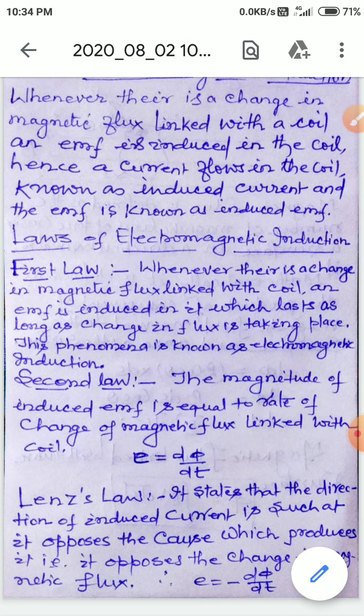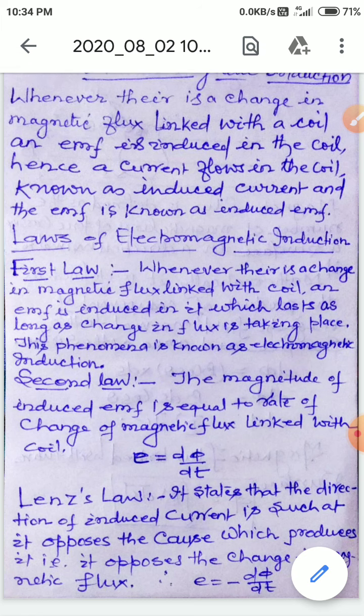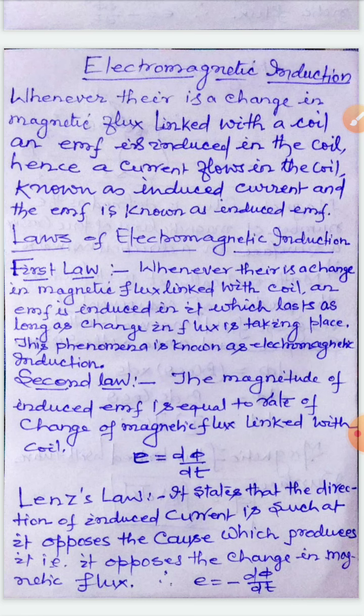Meaning, changing magnetic flux across the coil produces an induced current in the coil or sets up an induced EMF in the coil, and it lasts as long as this change in magnetic flux continues. The moment the change in magnetic flux is 0, that is, it comes to rest, the induced current vanishes.